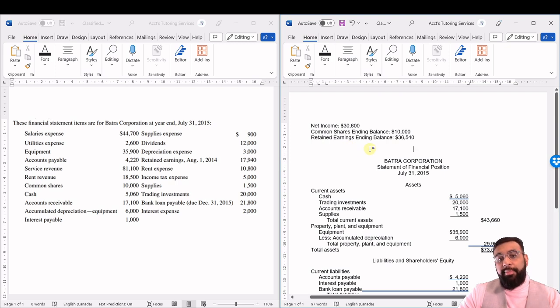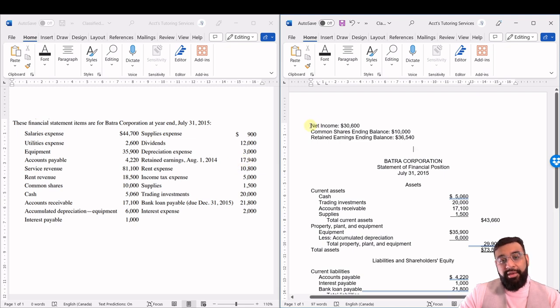Just to recap, the net income is revenue minus expenses, which gives us our net income of 3,600. Common shares ending balance is 10,000, which is taken directly from this over here because we don't have any issuance of common shares in this specific example. To calculate the retained earnings ending balance, we take the beginning retained earnings on August 1st, 2014, 17,940.